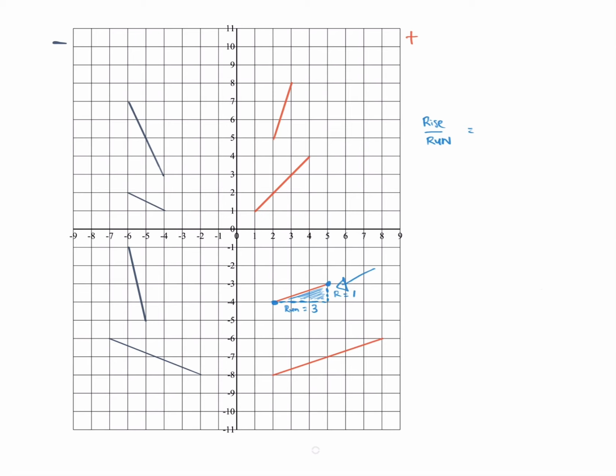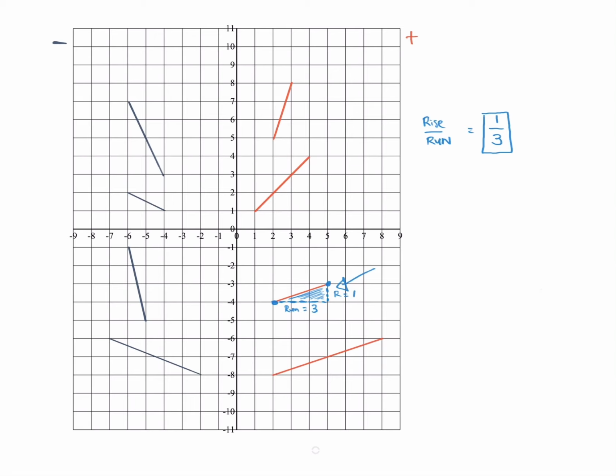So the rise is 1 and the run is 3. You didn't see one like this, I don't think, in the last video. But if a slope is flatter, so if the slope isn't that steep, sometimes the slope will be less than 1. And here you can see that it is 1/3, which is much less than 1. It's less than a half of 1. So that's the slope for that one.